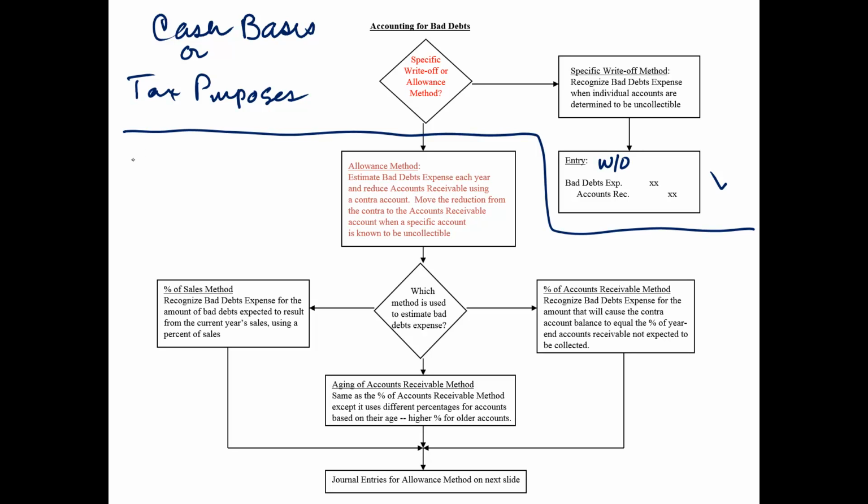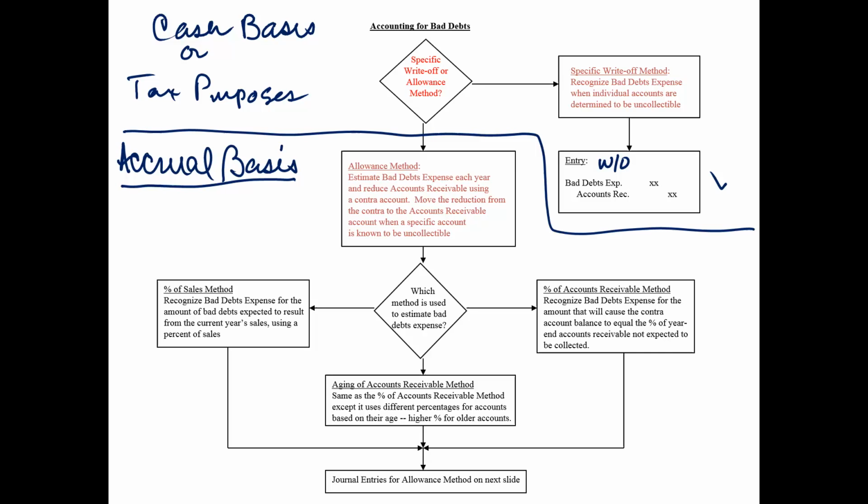Alternatively, what we're going to focus most of our time on and what your homework is about is if we're accrual basis. And accrual basis is what all corporations are. And under the accrual basis, corporations recognize their revenue when it is earned, regardless of whether they've gotten the cash or not, and they recognize the expenses associated with those revenues, or they try to match it.